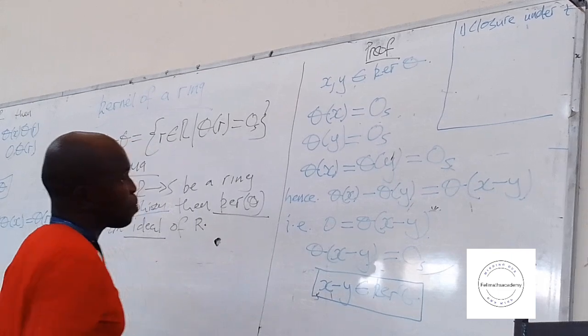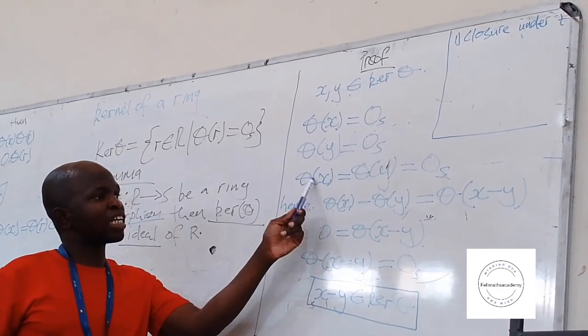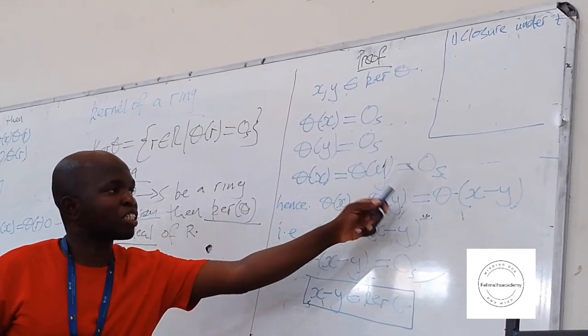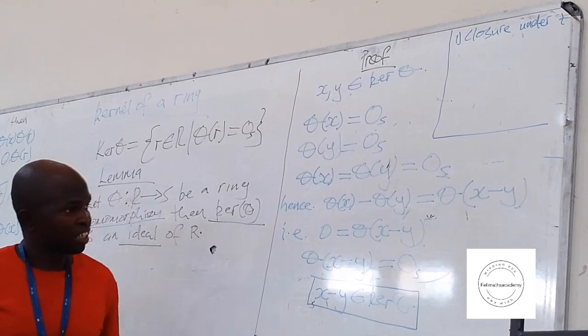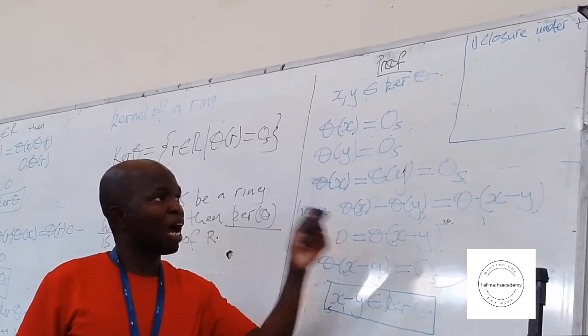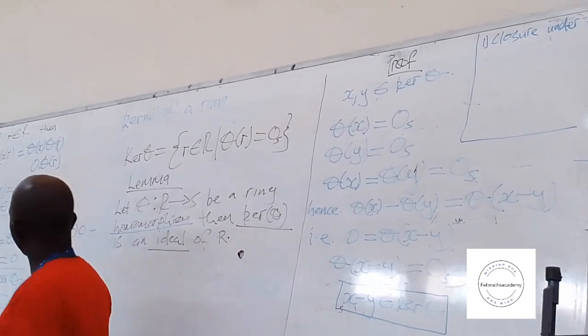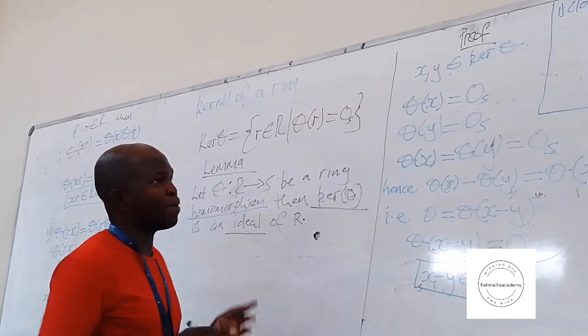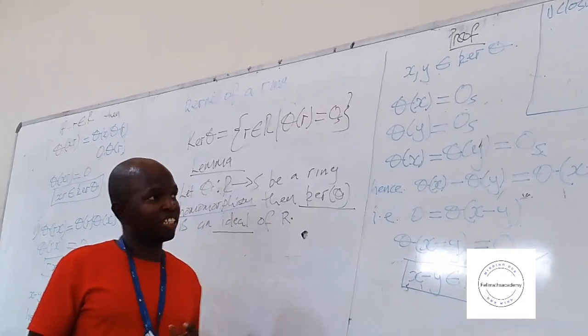As the first step, theta x is equal to theta y is equal to 0_S. Hence, theta x minus theta y. Remember this property: A minus B is an element of the ideal.